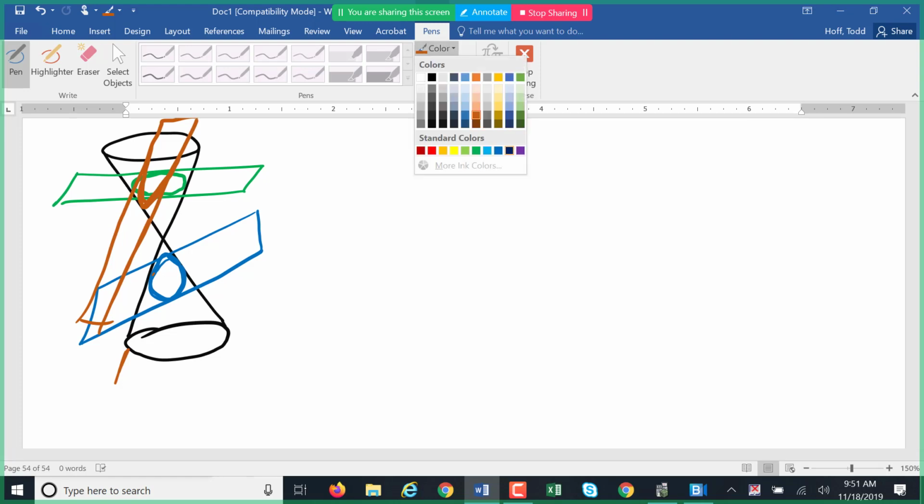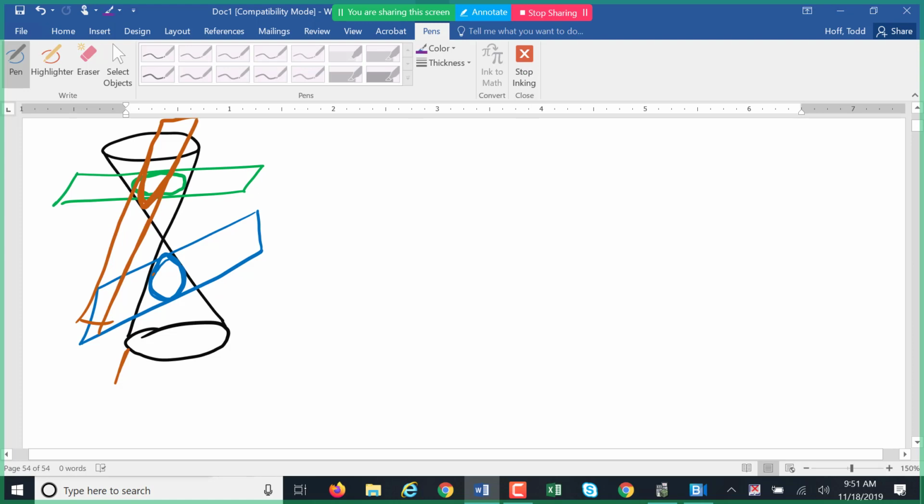And then the one we're going to look at first today is parallel to the axis of the cones. The axis of the cones would go right down through the middle here. So parallel to that would be just another plane that's straight up and down. So that plane, you can see, intersects.